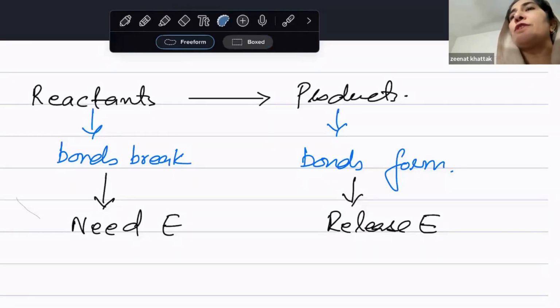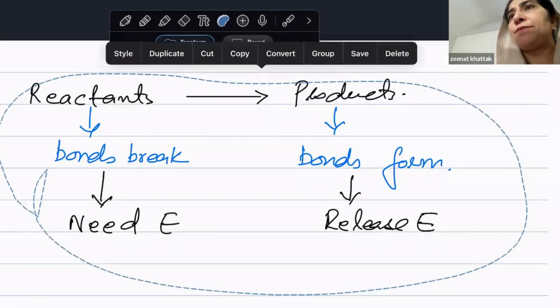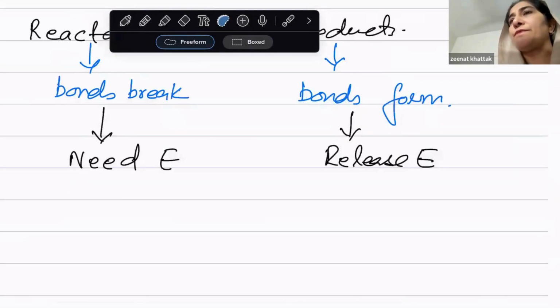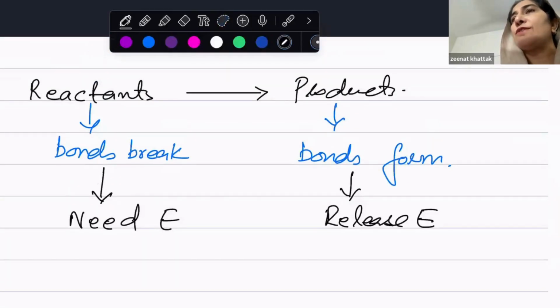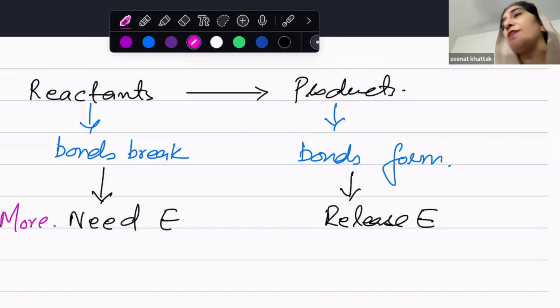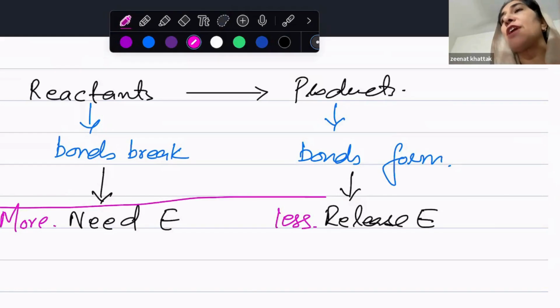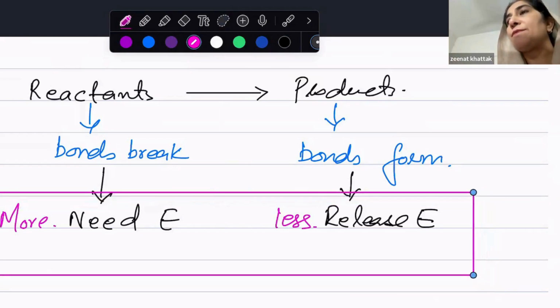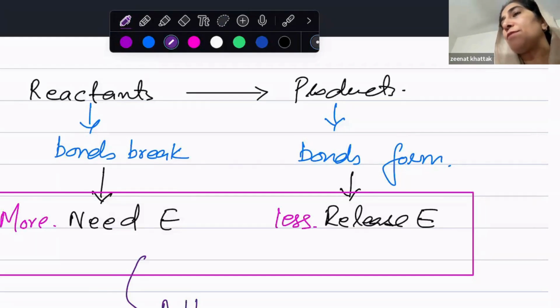Now, there are two situations. For instance, more energy is needed and less energy is released. The net enthalpy change is what? Endothermic.